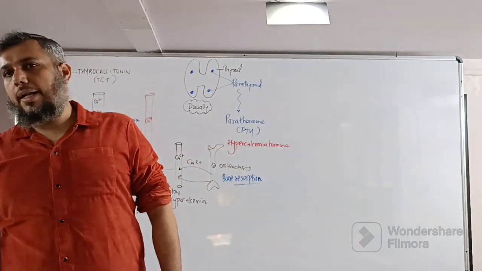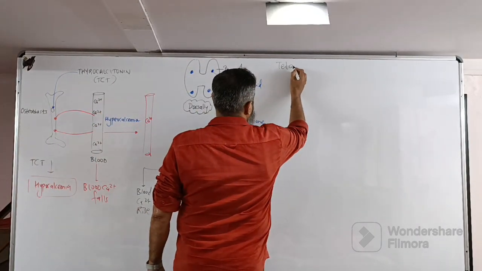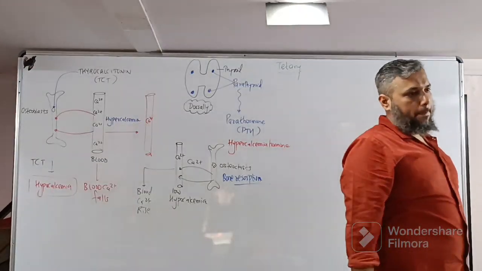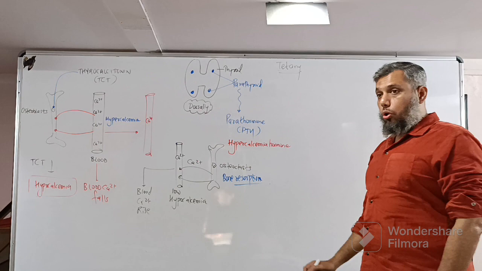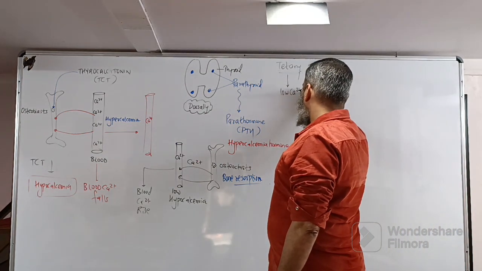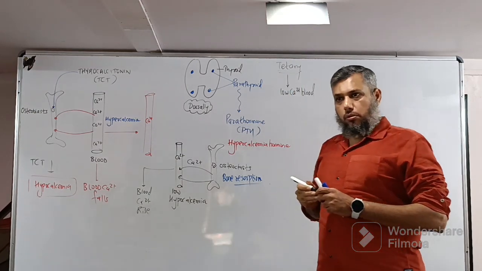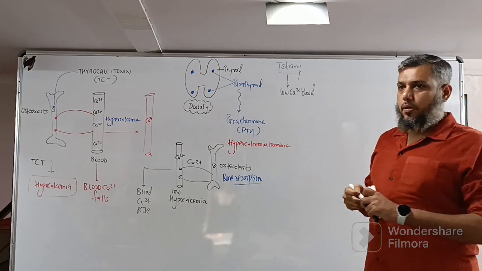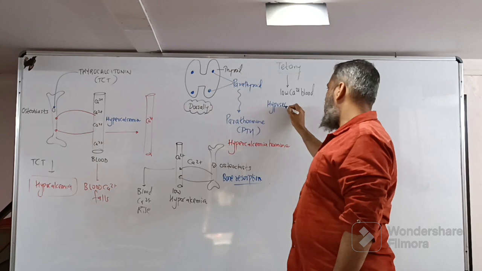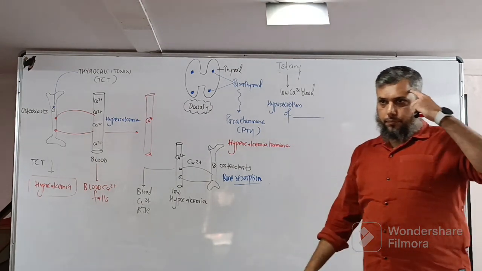What causes tetany? That is a question for you, from locomotion and skeleton. What causes tetany? Low concentration of calcium, in the blood. Okay? So you tell me, it can be caused due to hyposecretion of which hormone?